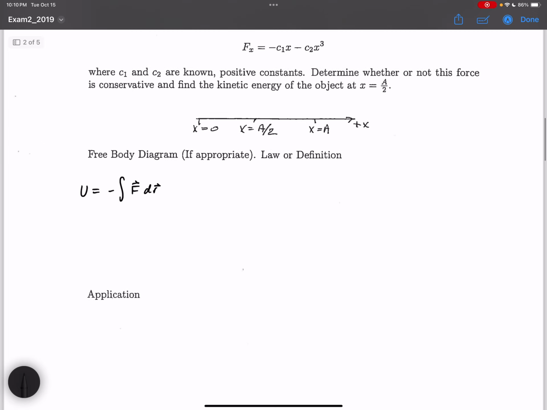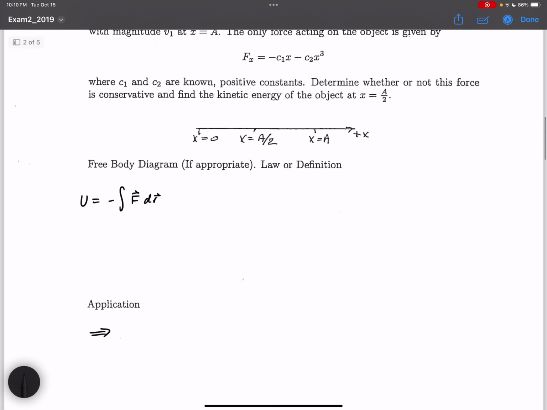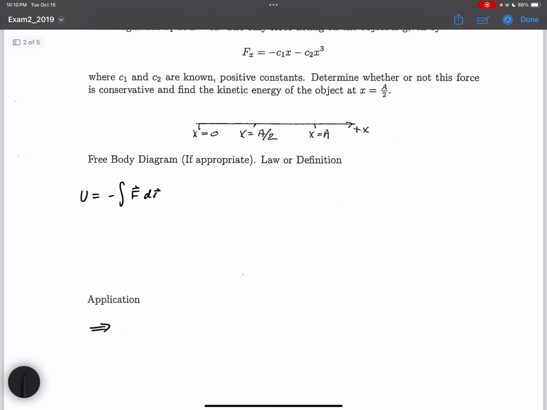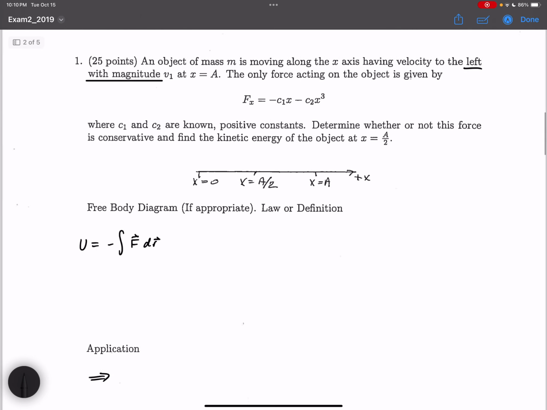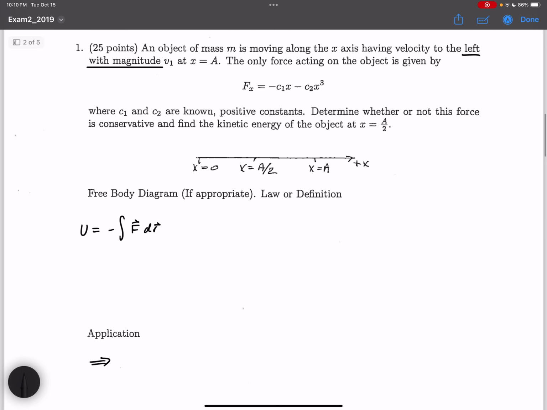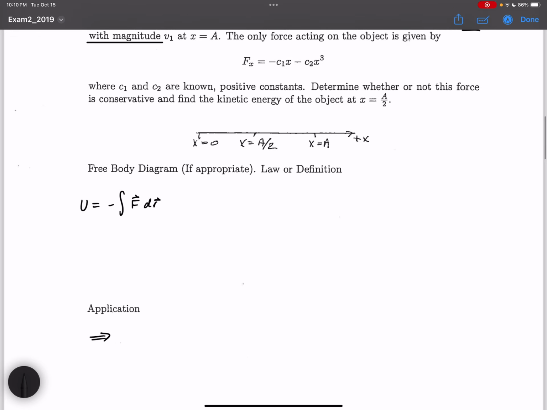So I'm just going to integrate this in my head, but the negative integral, and it's important to realize that this force is going to the left. That means it's in the negative direction, so I'm going to go ahead and make this positive. We take the negative integral of plus c1x plus c2x cubed dx.